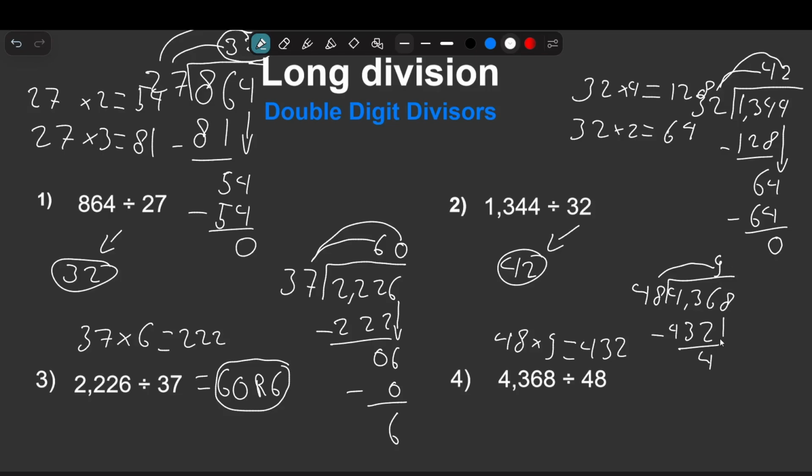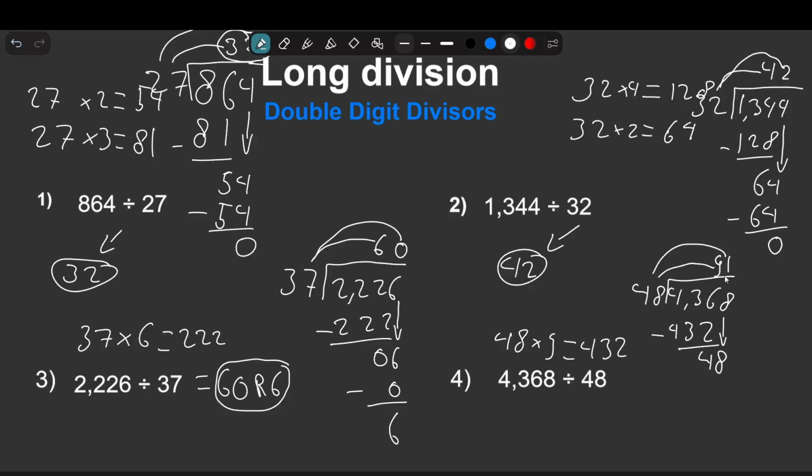Now we have to bring down our 8 and we get 48. Well, now you can probably already see we have 48. And how many times does 48 fit into 48? Well, one time. So now we multiply the two.